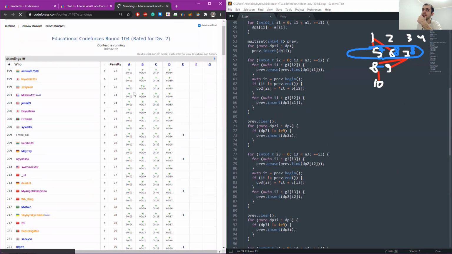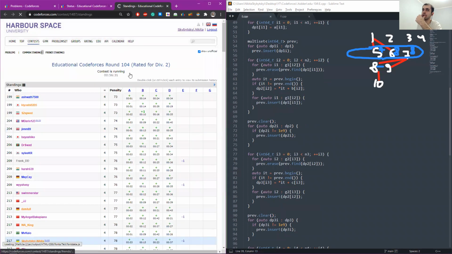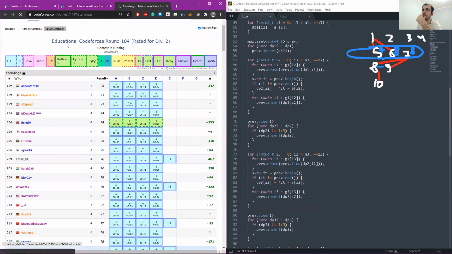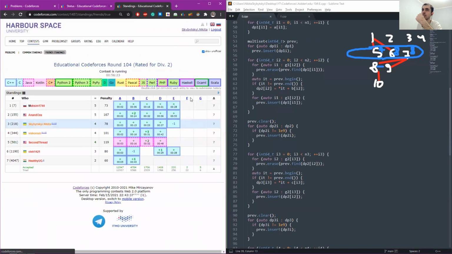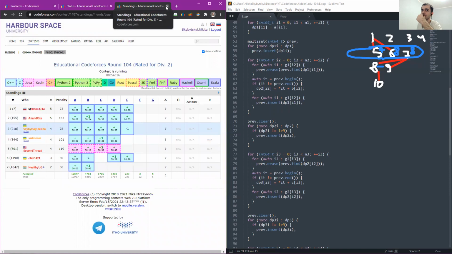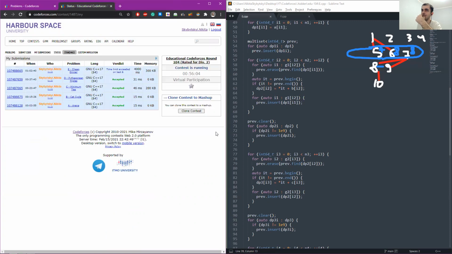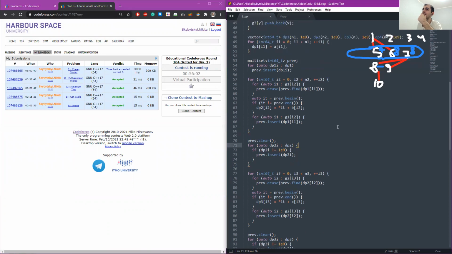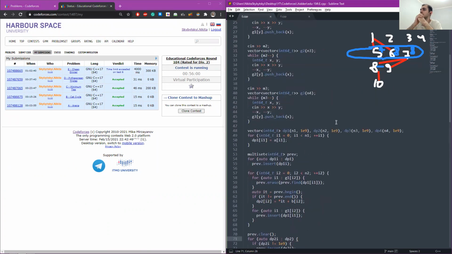So you tell me that there's a cheaper way to find this minimal. What is it actually? I'm not sure. Let me think.